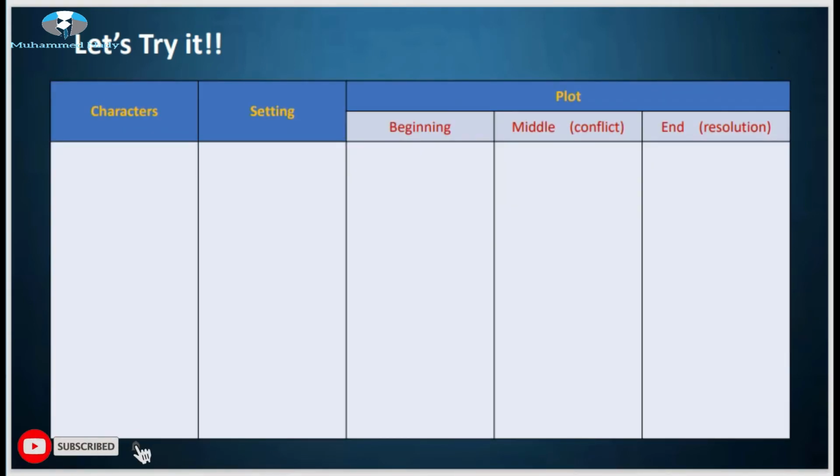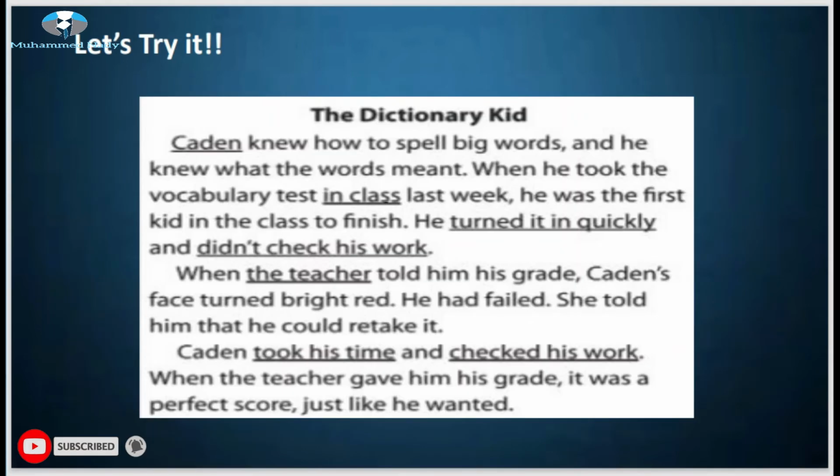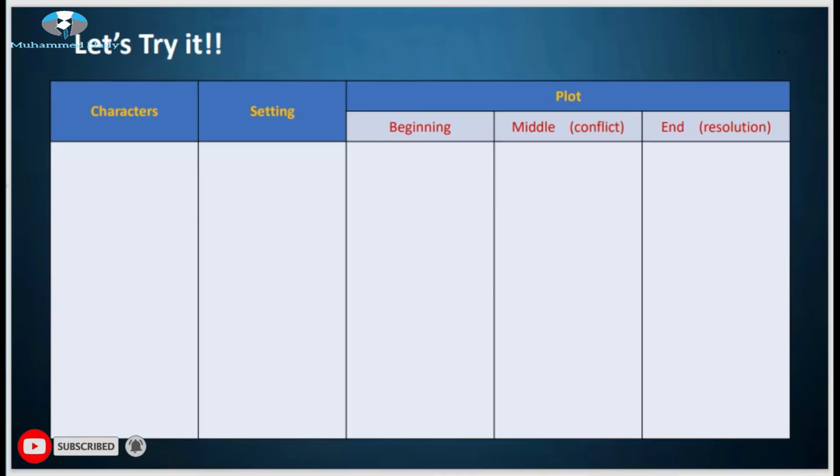Okay, now let's go to the next part. If we come to this part here to write the answers, and we want to talk about the characters, if we get back to the story here, you will find that the characters of the story are Caden and his teacher. If you get back to this table, we will write here Caden and the teacher.